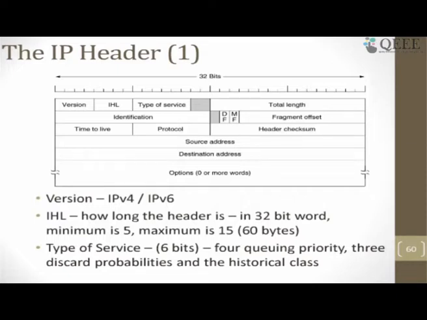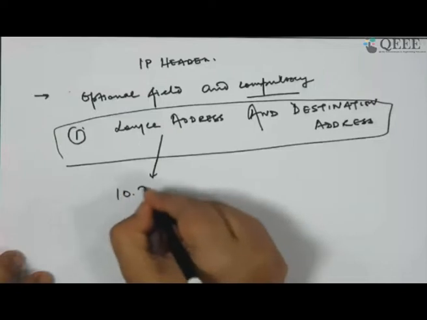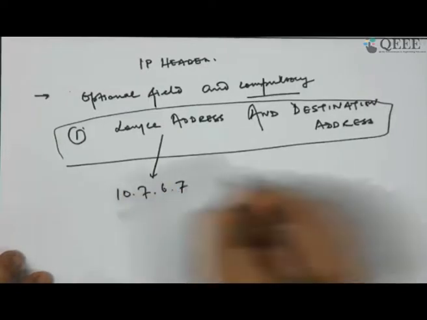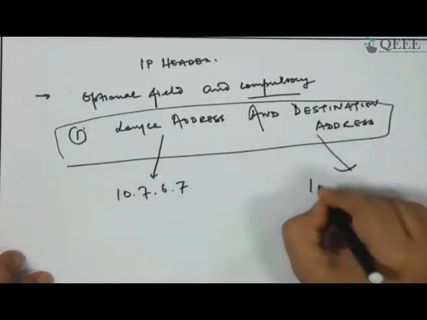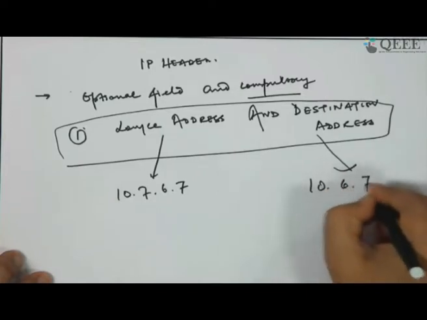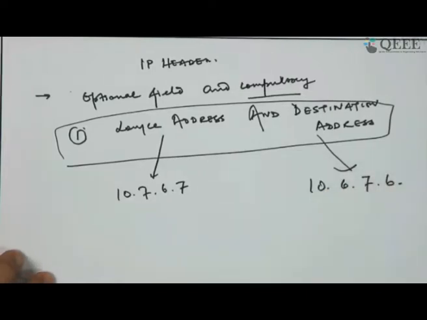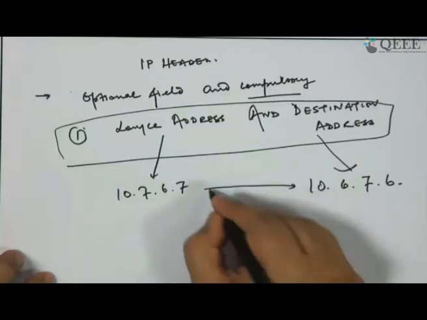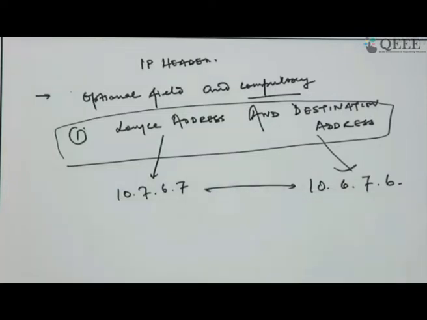Source address means source IP, say 10.7.6.7, and destination IP, say 10.6.7.6. So you are trying to send from one source to a destination.